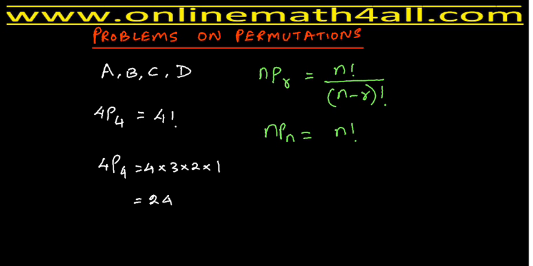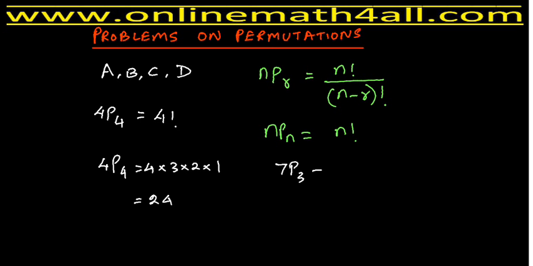For example, if you have 7P3, that will be equal to 7 times 6 times 5. We just have to expand 7 for 3 terms, since the value of r is 3. Even if you use the formula n factorial over (n minus r) factorial, you will get the same result. I hope now the students will be able to understand.